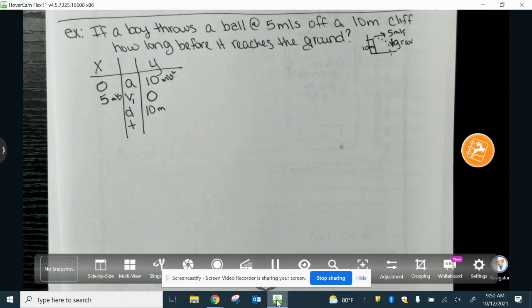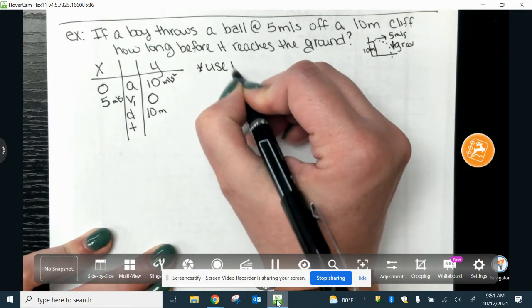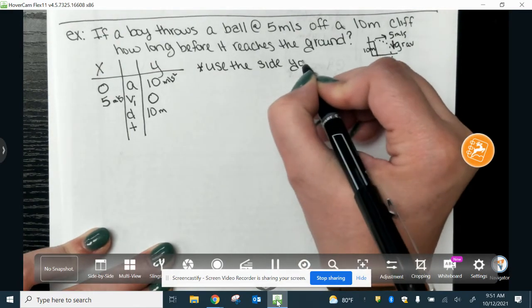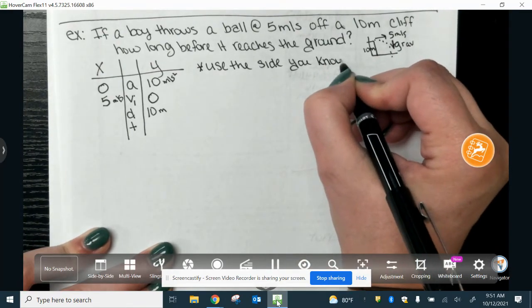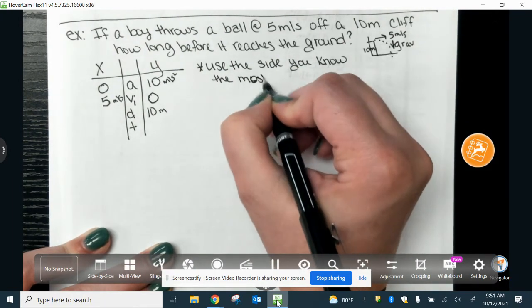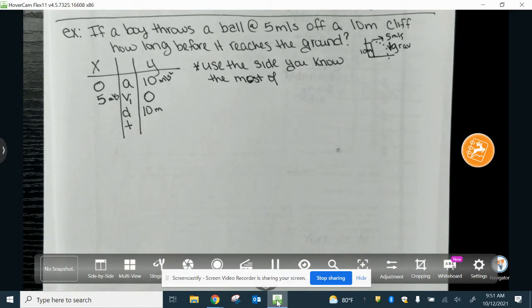To solve this, you want to use the side that you know the most of. Write that down, then we'll discuss it. Use the side you know the most of.